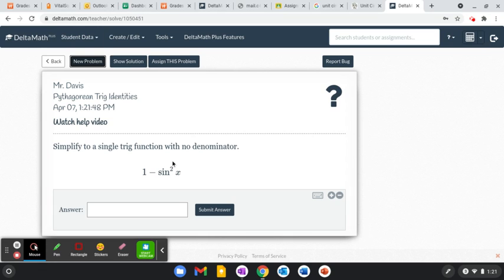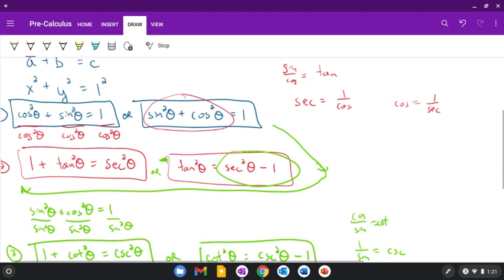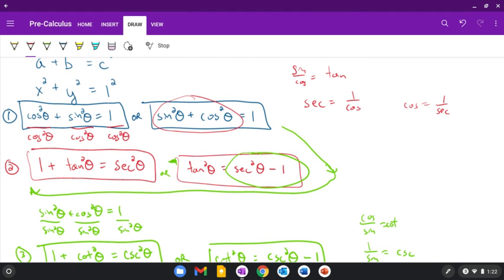All right, next one, 1 minus sine squared. So we need to find a substitution for sine squared of x. We are just going to need to rewrite these a bit. So let's take this equation and rewrite it. All I'm going to do is move that cosine over.